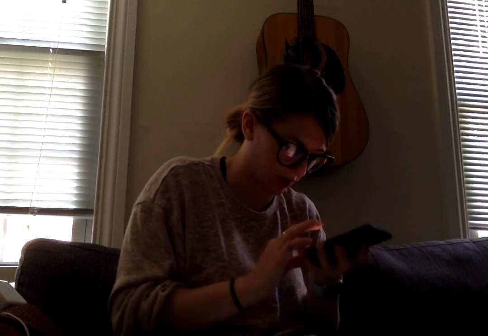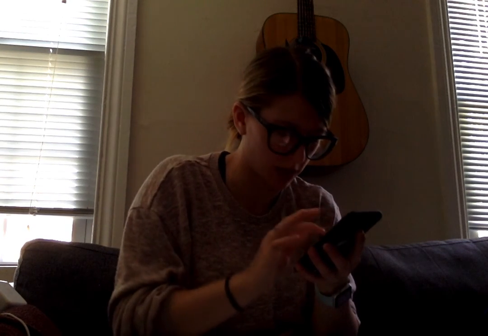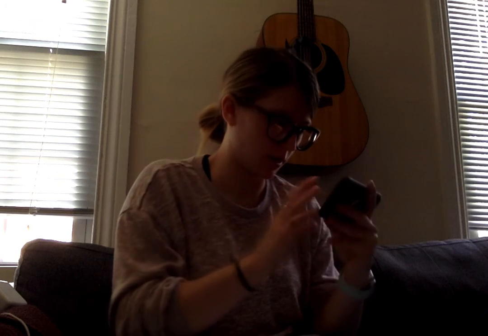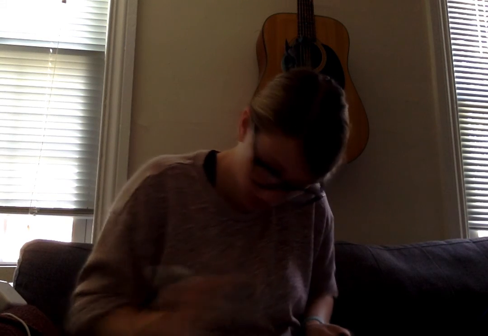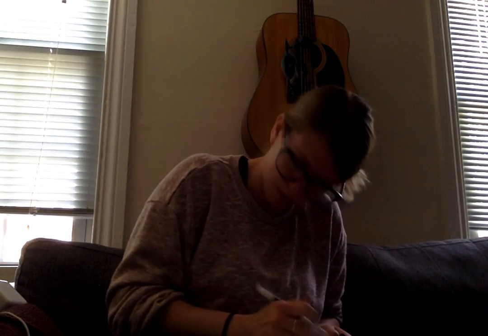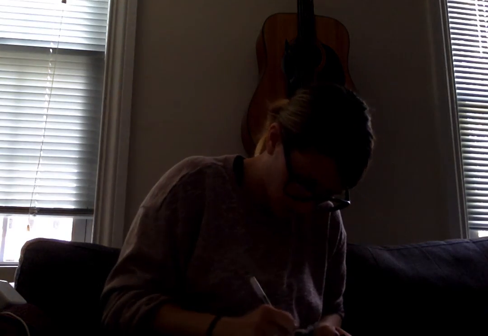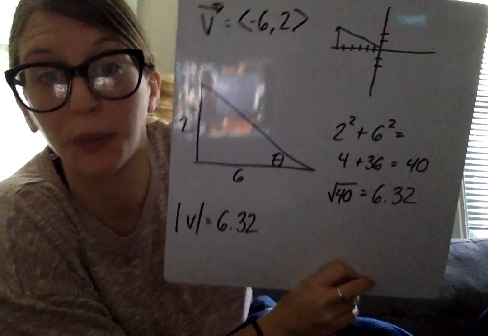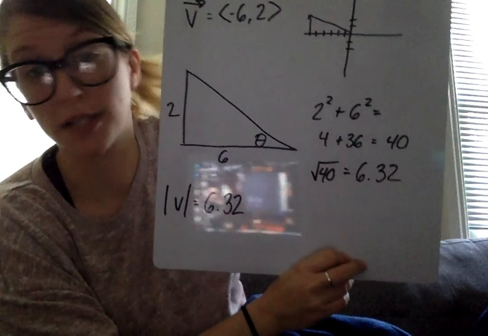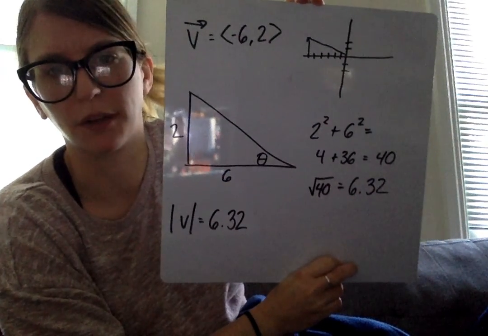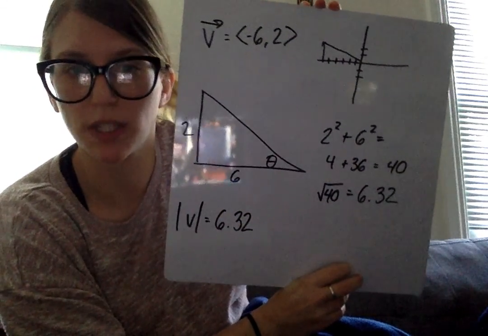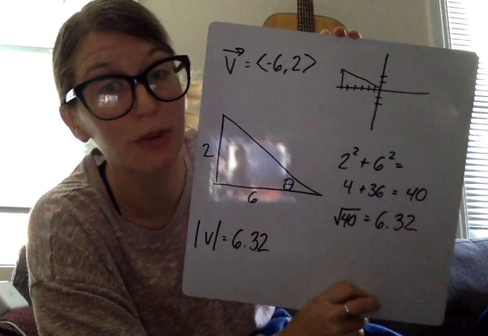Type in 40, then do the square root. 6.32. So my magnitude is 6.32. This is the last magnitude I'm going to do because it's the same exact process, and it'll save us a little bit of time on this potentially very long video. So magnitude is 6.32, which means my hypotenuse is 6.32.